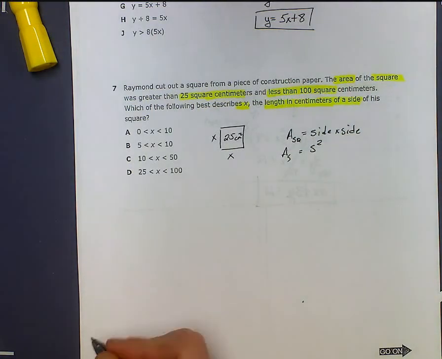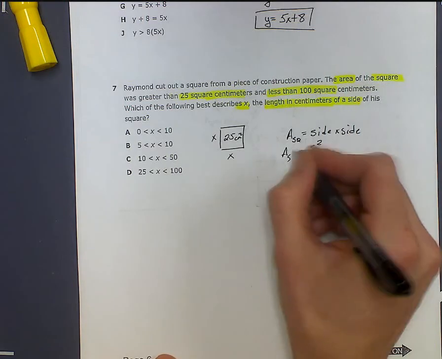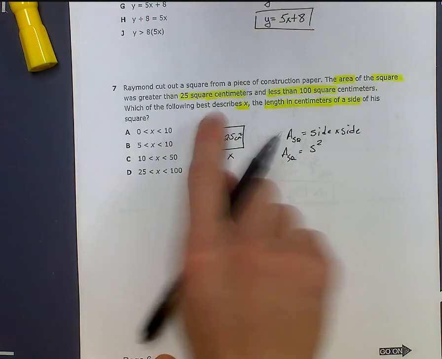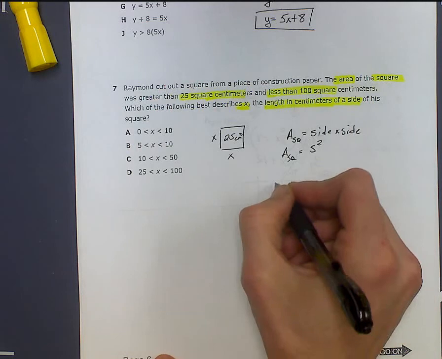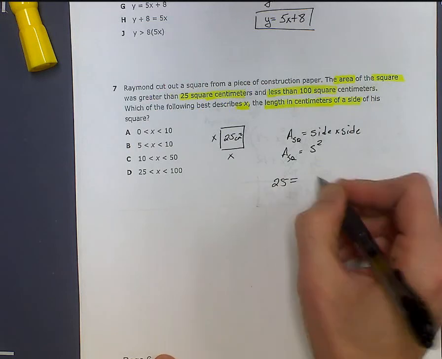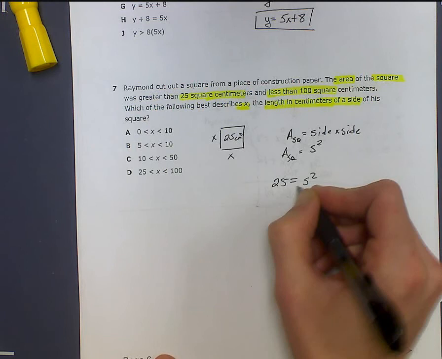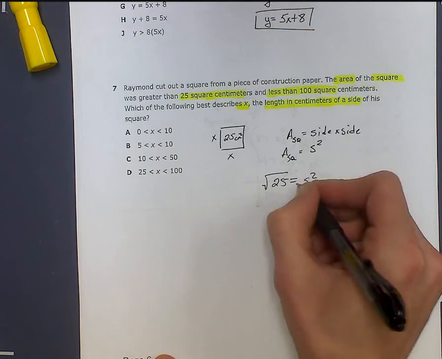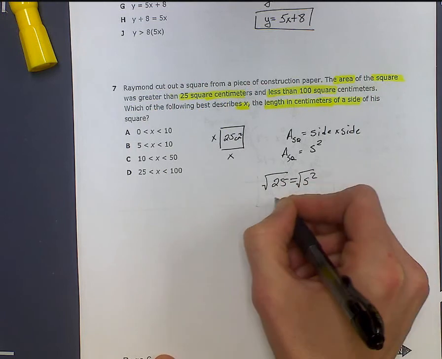So what I need to do is look at this and say, well, I know the area is 25 is side squared, so to get to one of those, I would have to take the square root, and I would get s here, and this actually becomes 5.